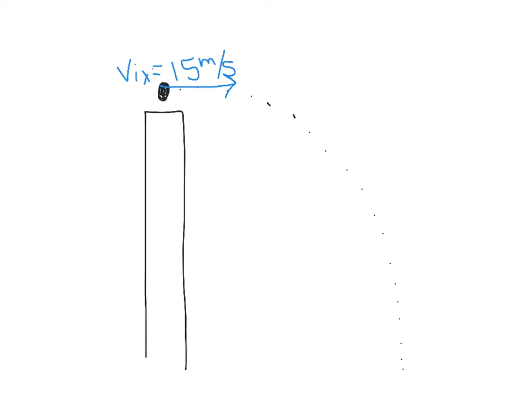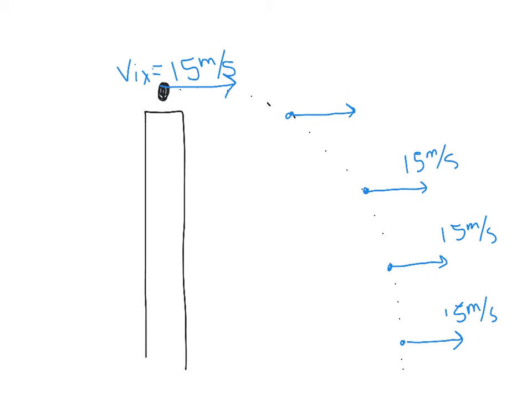Because, as I said earlier, there's no acceleration in the X direction, you could pick any point in time on its projection, and that velocity in the X direction would still be 15 meters per second in every single case. So your initial velocity in the X direction is also your final velocity in the X direction, or your velocity at any point in time.